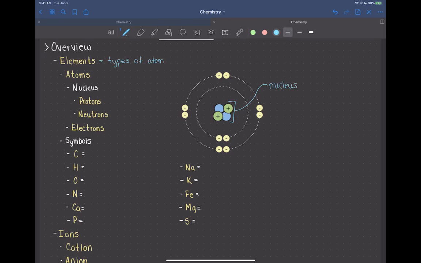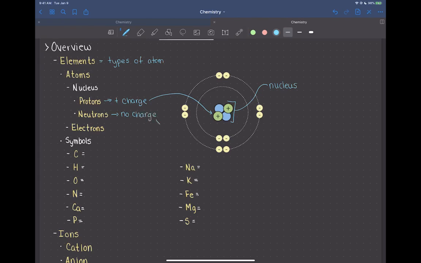The nucleus of the atom is going to contain protons. Protons have a positive charge, so those are the green guys here. The nucleus is also going to contain neutrons, which have no charge, or a neutral charge.